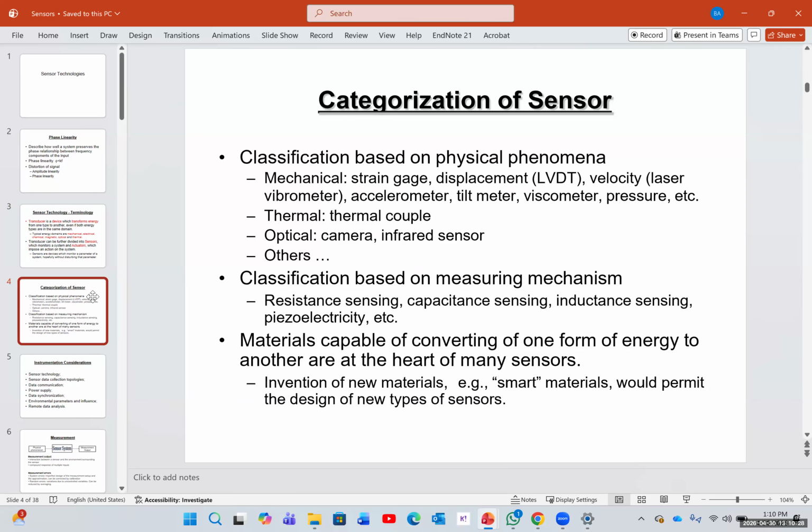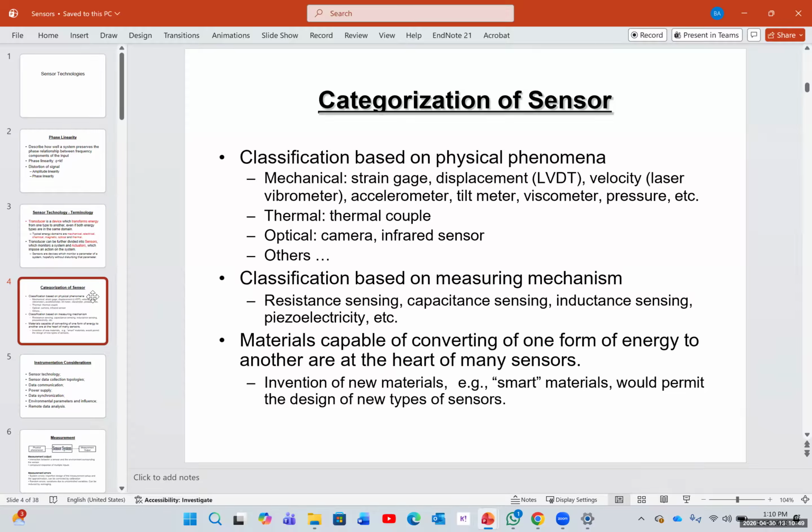Some categorization of sensors we already went through. We have mechanical, like strain gauge, thermal, like thermocouple, optical, magnetic, and so on. We had classifications based on measuring mechanism: resistance, capacitance, inductance, piezoelectricity, and so on.